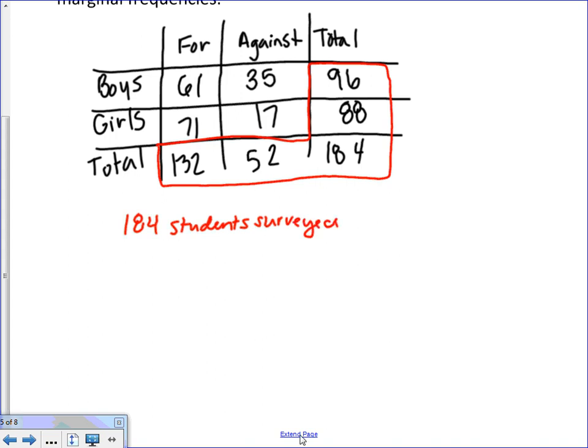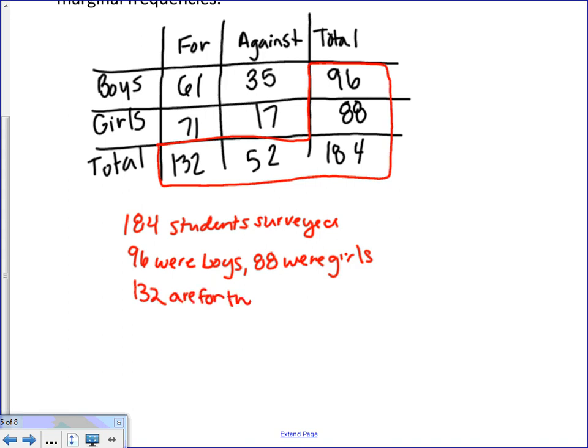Okay, so I talked about that corner marginal frequency. I can say 96 were boys and 88 were girls. So I talked about the column. And the last thing I can say is 132 are in favor of the garden.